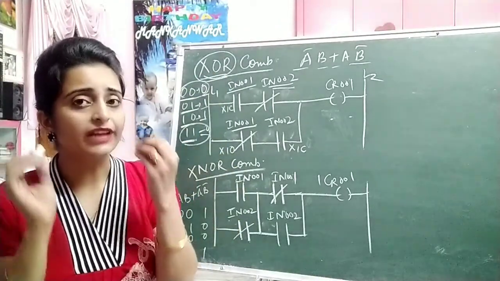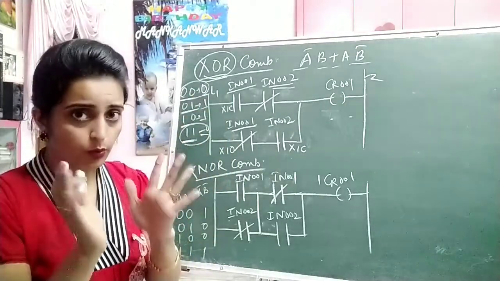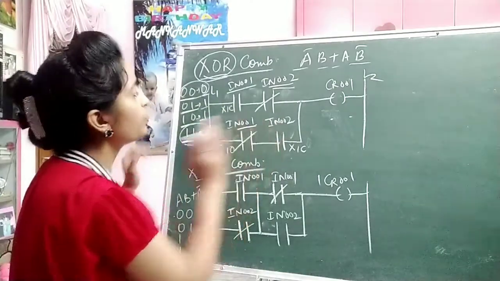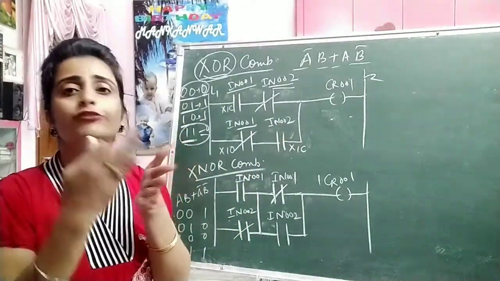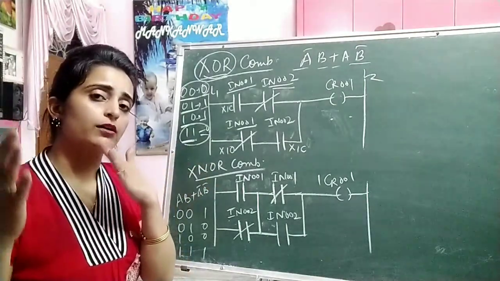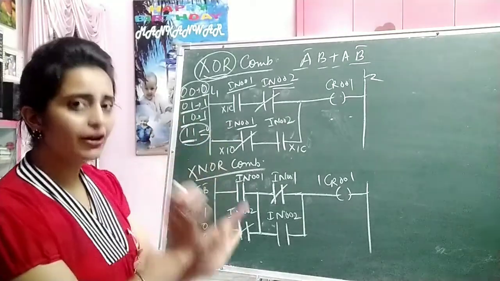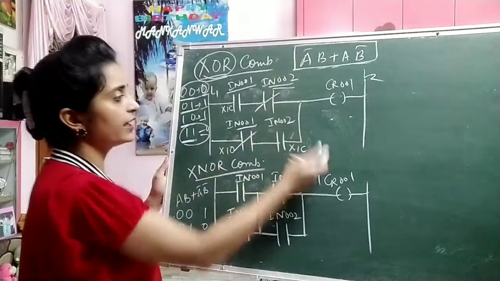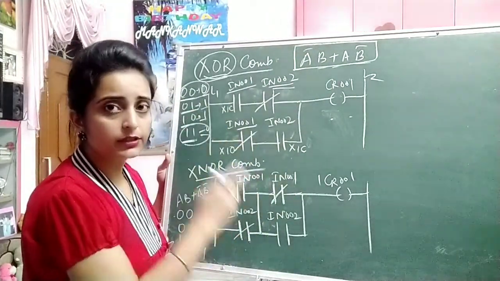We all know how the XOR gate works. Whenever the XOR gate works, it provides us a false or 0 output in case of two similar inputs, and it provides a true output in case of different inputs. So what we have done here is use this combination in our circuit for making our input diagram.